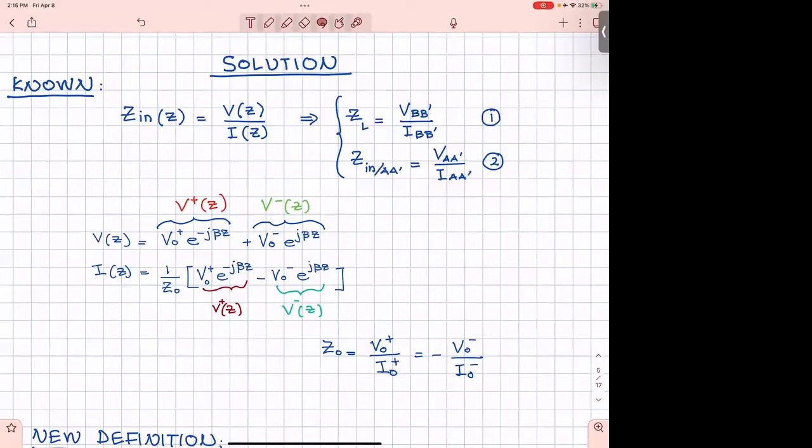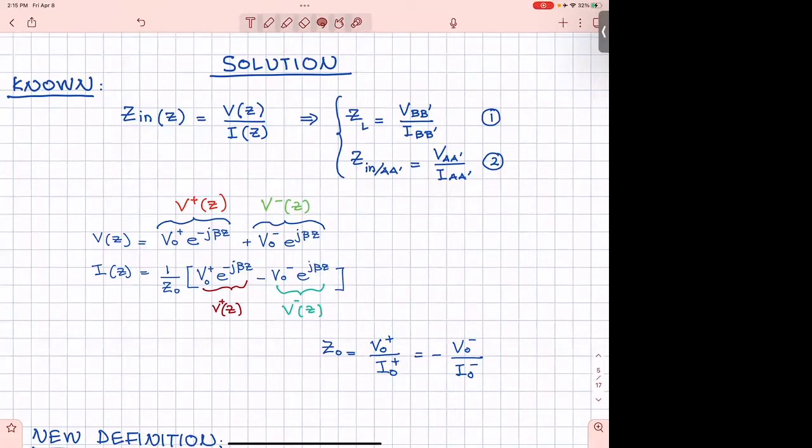And I use this relationship, if you remember from before, that allows me to replace I naught plus and I naught minus with V naught plus, V naught minus and Z naught. So you see here this Z naught in front of the brackets. Then this is the incident voltage, but there is a minus here. There is a plus in the voltage, there is a minus in the current with the substitutions, and thus they reflect. So now I wrote this, but also in terms of incident and reflected.